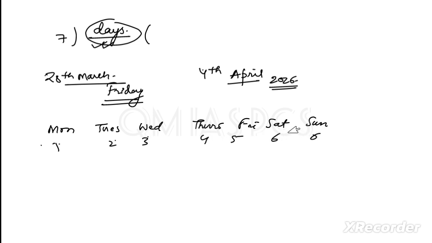But in this case, we have to take Friday as 0, then 1, 2, 3, 4, 5, 6. So whatever day is given, we have to take that as the base day. And if it is not given, then just consider Monday, Tuesday, Wednesday, Thursday, Friday, Saturday, Sunday. Okay, fine.